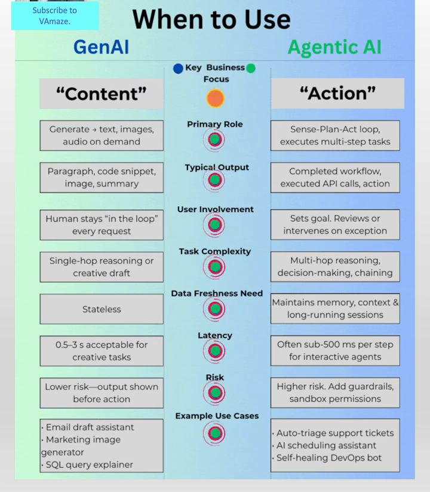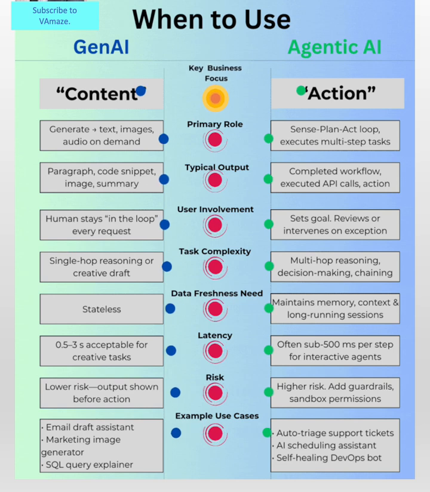When to choose Agentic AI. When you need autonomous task execution, when workflows involve multiple steps and decision points, when 24/7 operation is valuable, or when you want to automate complex business processes, Agentic AI is ideal for applications where the AI needs to operate independently and make decisions based on changing conditions.